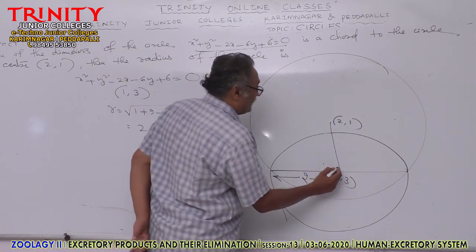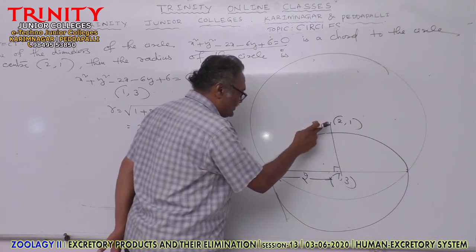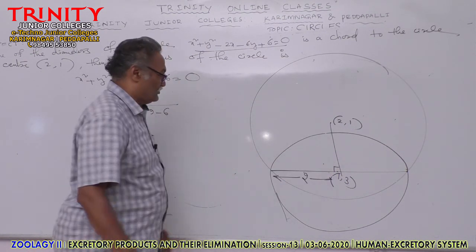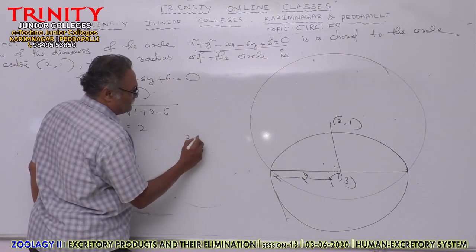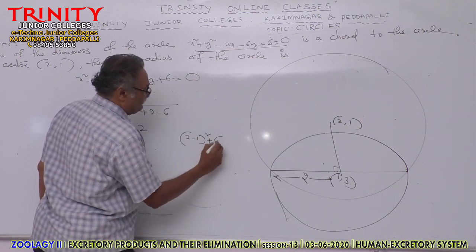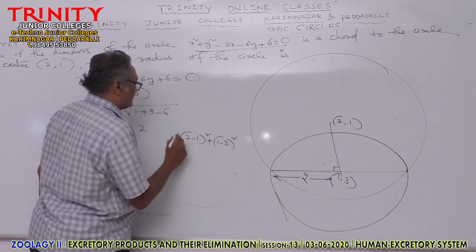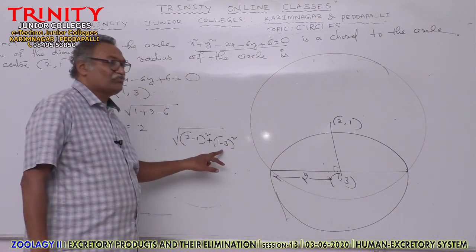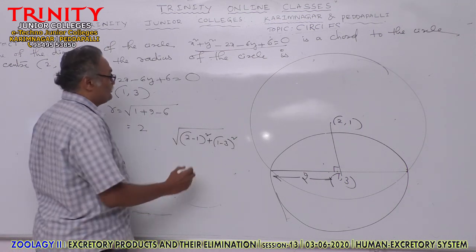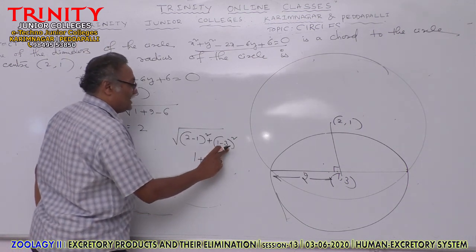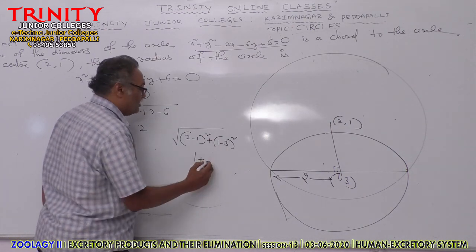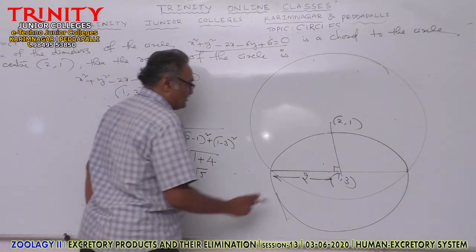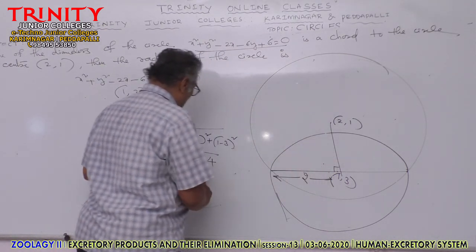So distance between the 2 points, that is 2 minus 1 whole square plus 1 minus 3 whole square, 1 plus 4. It is root 5. So the distance from here to here is root 5.